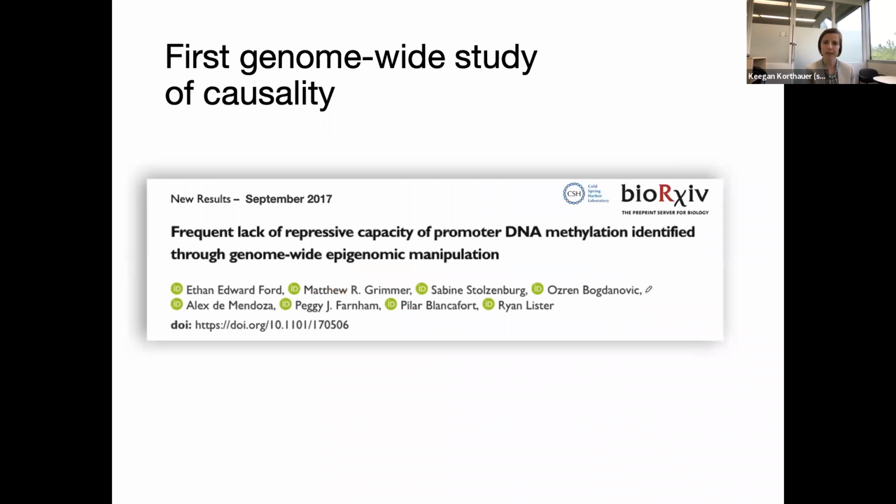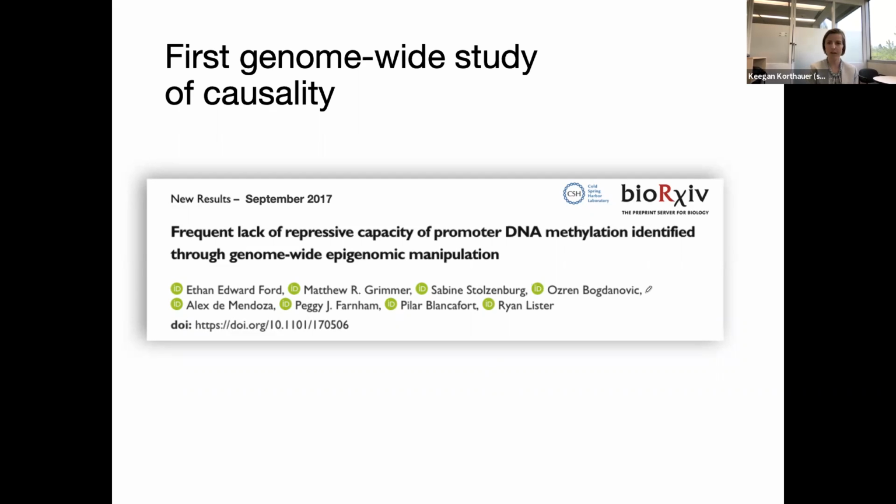And so a study from 2017 was able to ask this question for the first time in a genome-wide manner. So instead of looking at a couple of genes at a time, look across the genome. We don't have time to go into the details of the experimental procedure, but in brief, they were able to forcibly add these methylation marks to the promoters of thousands of genes and then measure what happens to the expression levels.